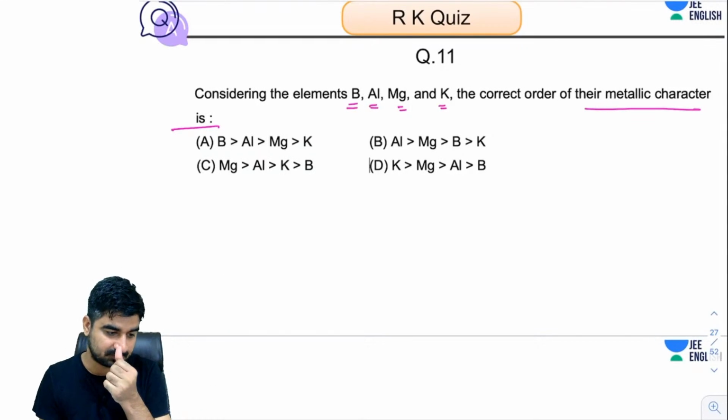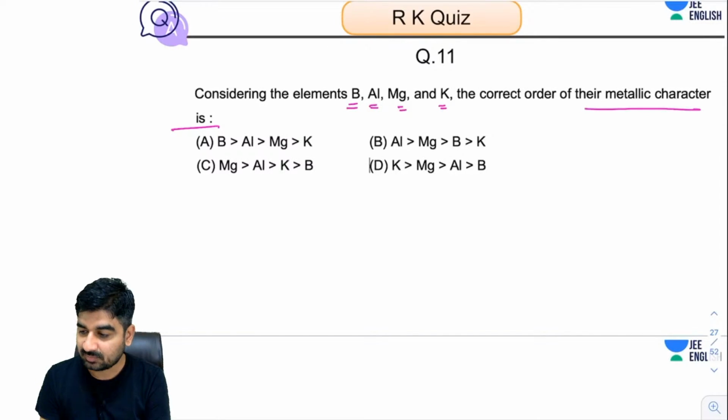Solve it. Captain Jack says it's D. Waiting for others. Lokesh D. Monica D. Everybody is right this time. Yes, the answer is D.